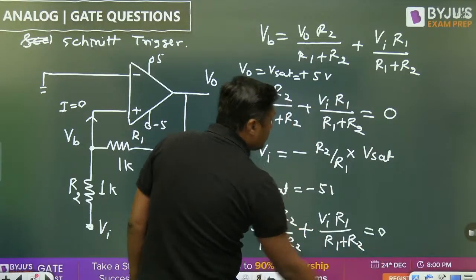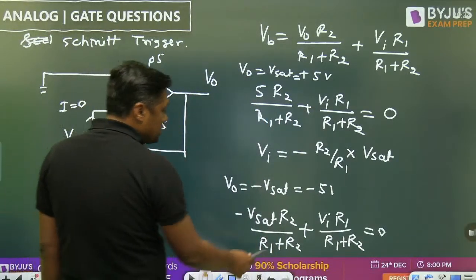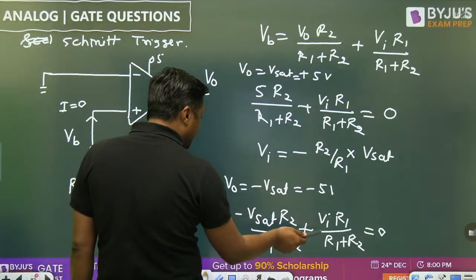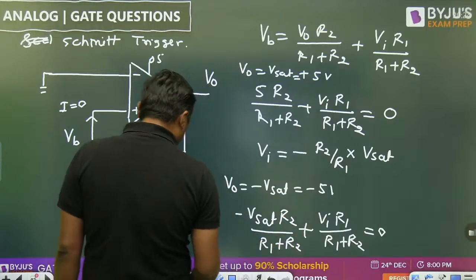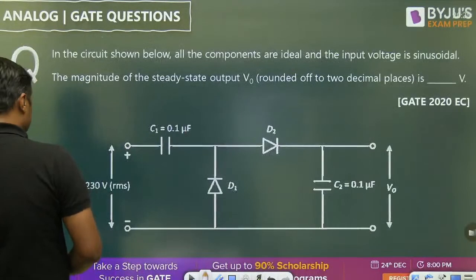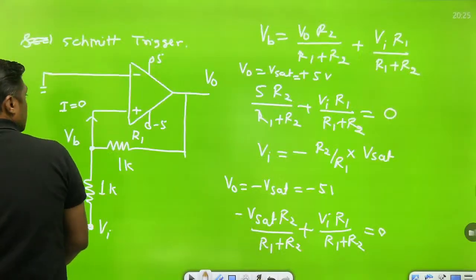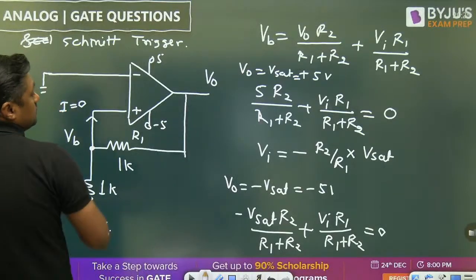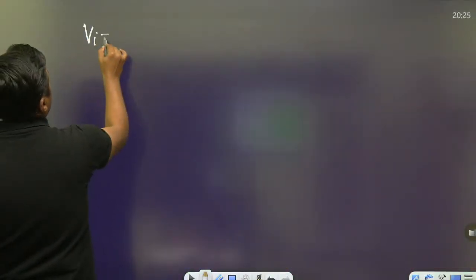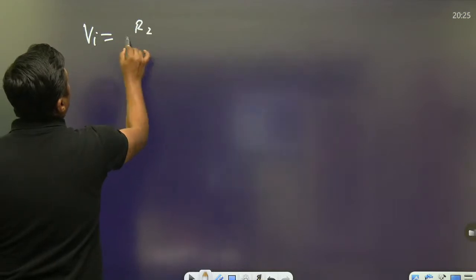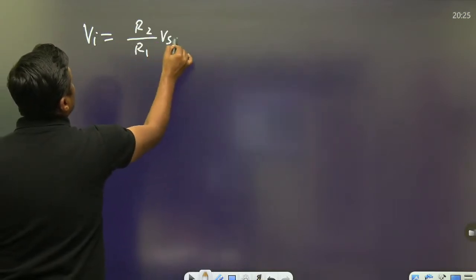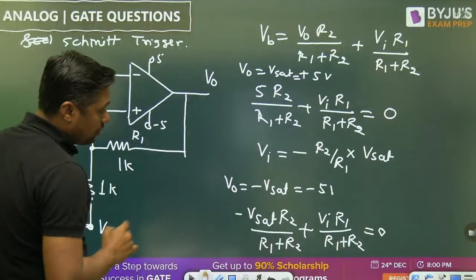Equate it to 0, and again you will get the second level, that is called the threshold. Vi is equal to R2 upon R1 into Vset.